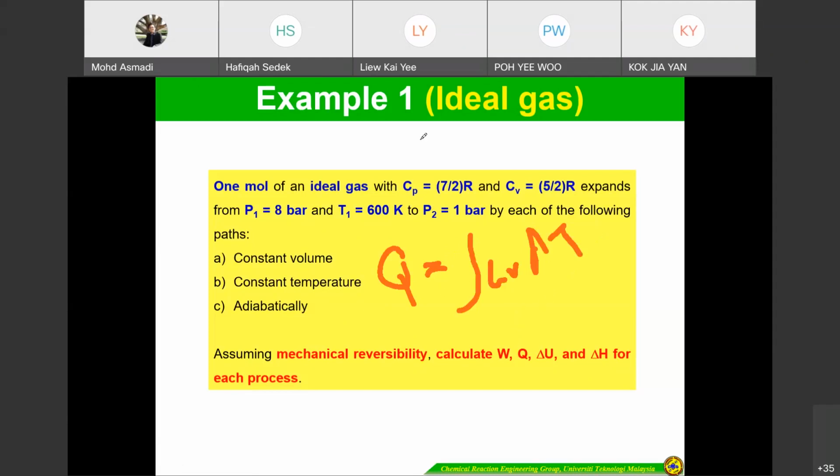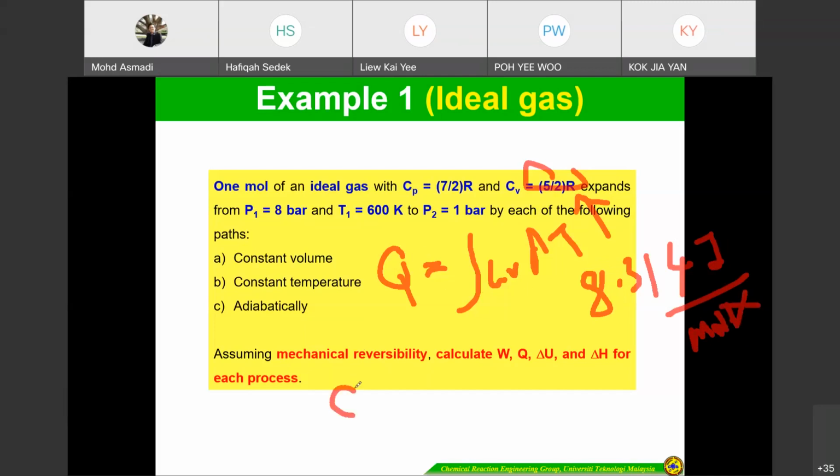So get CV. R is the gas constant. Okay, R we use 8.314 joule per mole kelvin. Can you calculate the value of Q, and Q is equal to delta U, right?